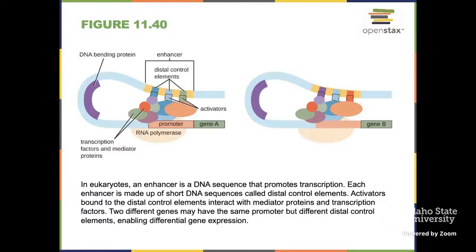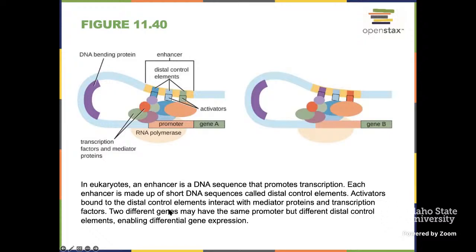So in eukaryotes, there's an enhancer, it's a DNA sequence that helps to promote transcription, and it's a short bit of DNA.